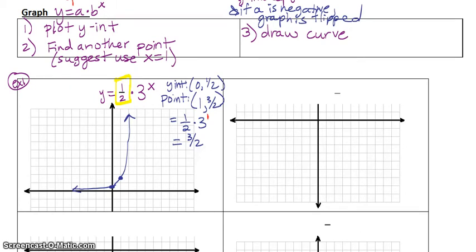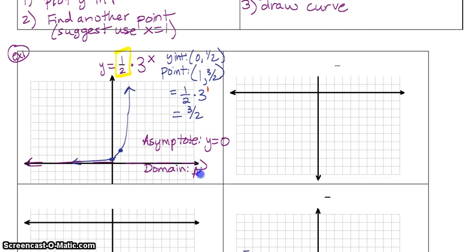So the asymptote in this situation, well, it has not shifted up or down. We'll be doing that later. So the asymptote has just stayed at y equals 0. And the domain and range are actually the same as the one I did earlier. So the domain is all reals, and the range is y greater than 0.